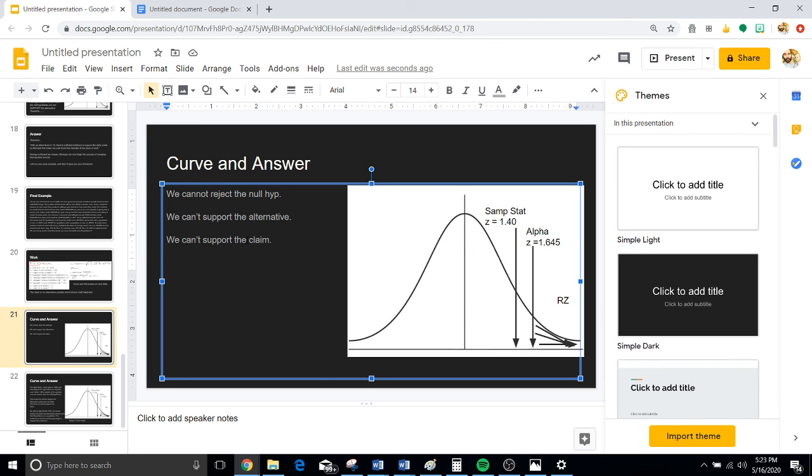And if we cannot support the claim, then we know that despite what our sample and comparing the averages of those samples showed us, it's not enough evidence. The numbers are so close together that we can't say for certain that the population of all Republicans and all Democrats will act in this way. There's not enough evidence to prove our claim.